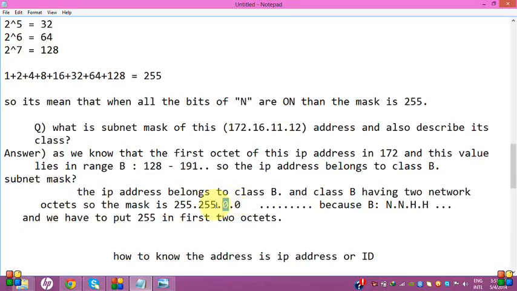Because the network octet has all bits on, that's why it's 255, and the host octet has all bits off, that's why it's 0. The class B format is network.network.host.host, and we put 255 in the first two octets and get 255.255.0.0.